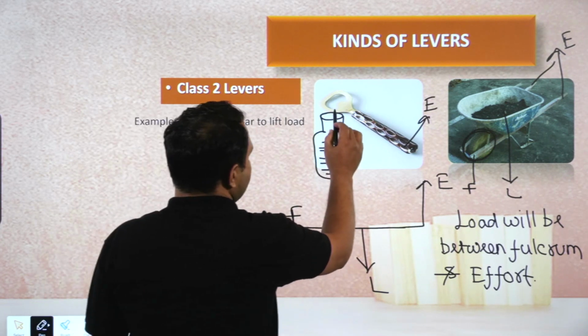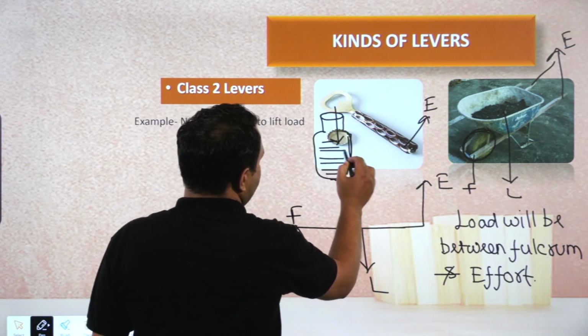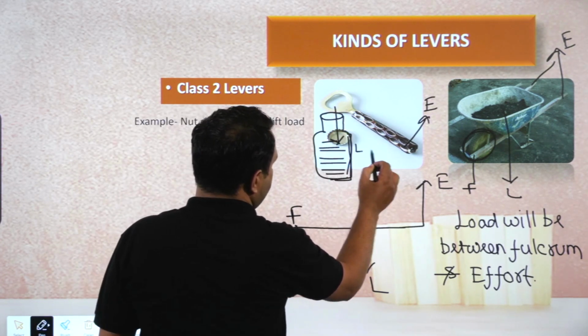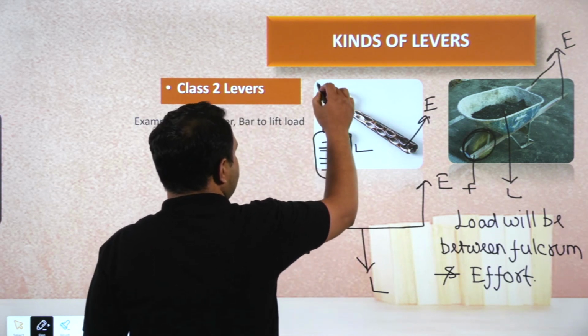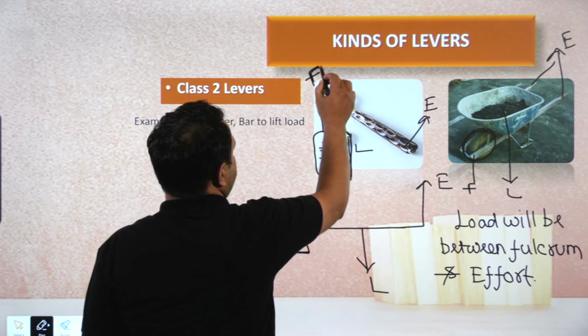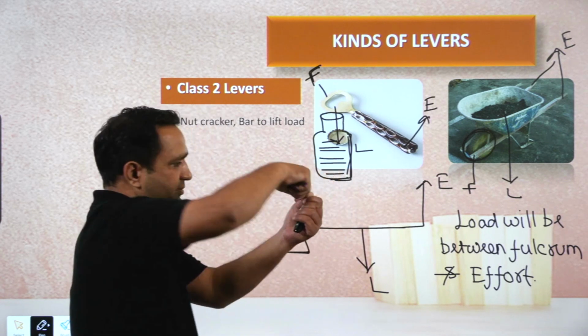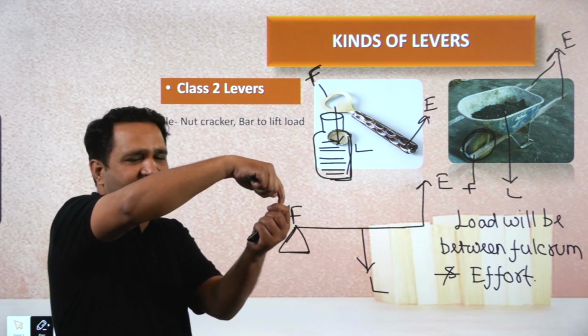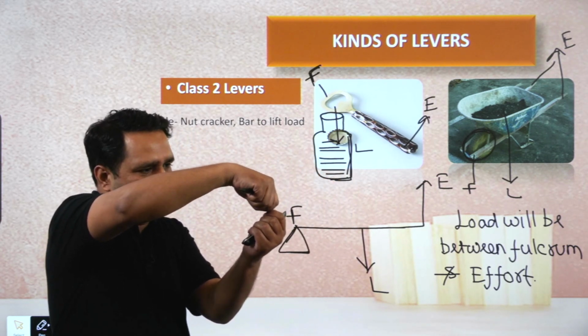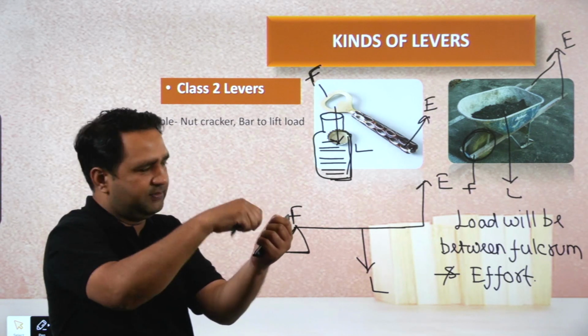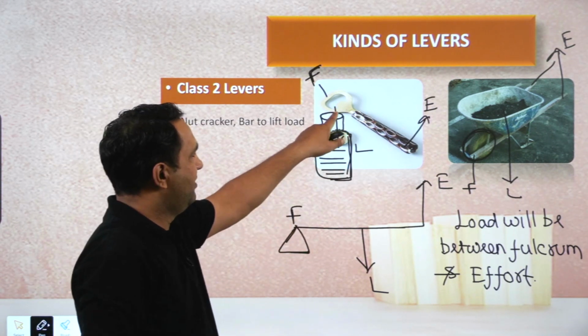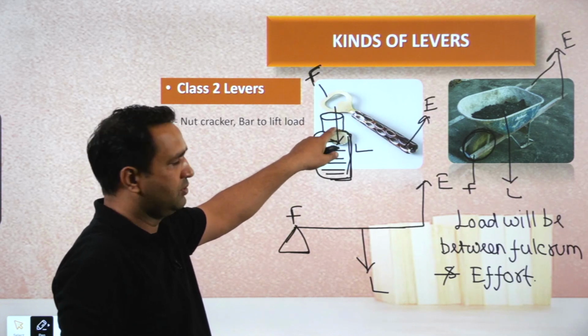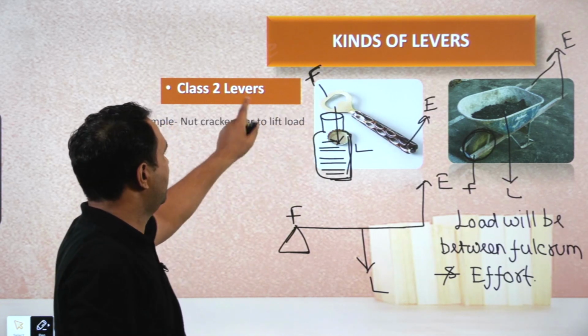Load is here. This is the load, and fixed is here, F. When we tighten it, then it is fixed here, and we are applying effort from this side, and load is here. So this is another example of class 2 lever.